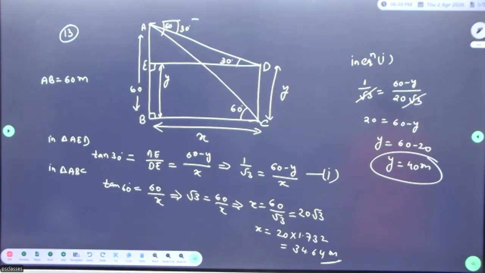Next Sunday, I am planning to take a test on trigonometry and height and distance. Next week, not this week. Friday 3, Saturday 4, Sunday 5, 12th of April.